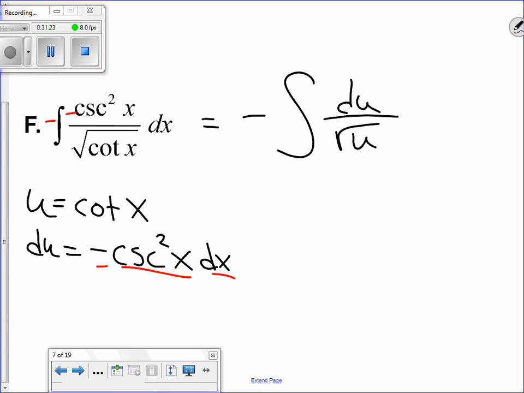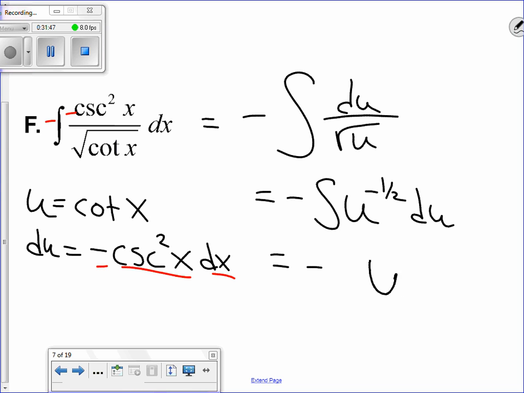How are we going to integrate this? Power rule, right? It's not u to the first down there, so it's not an ln. That's just negative the antiderivative of u to the negative 1/2 du. Only use power rule after you bring it up. What is the antiderivative of u to the negative 1/2? What's the new exponent? Let's do that first. 1/2, because negative 1/2 plus 1 is positive a half.